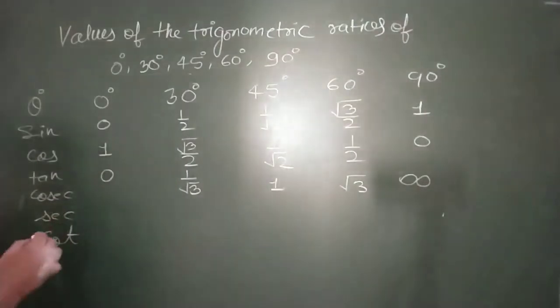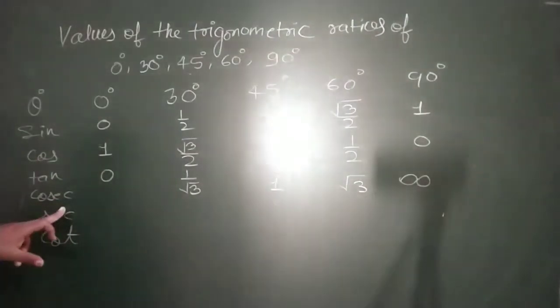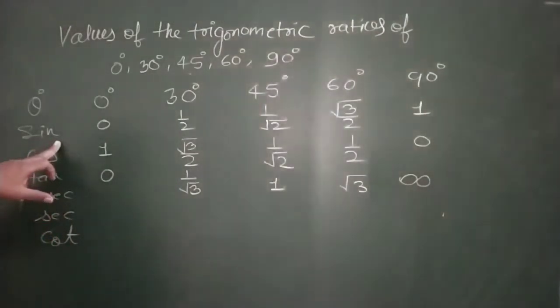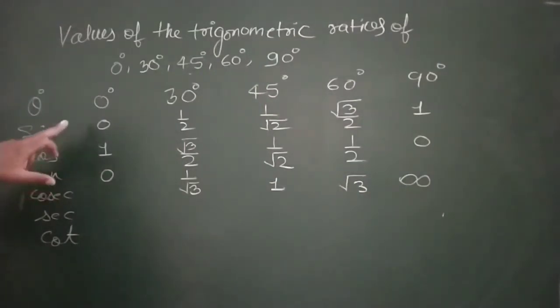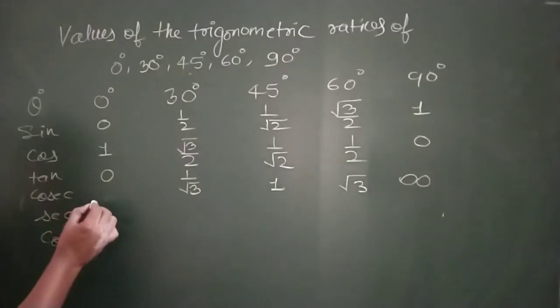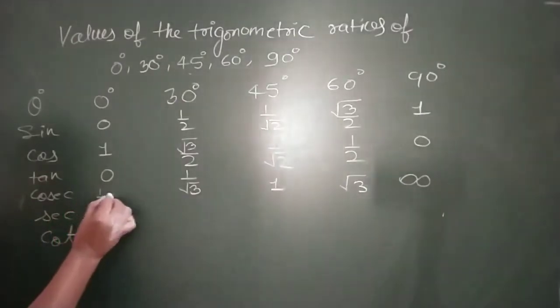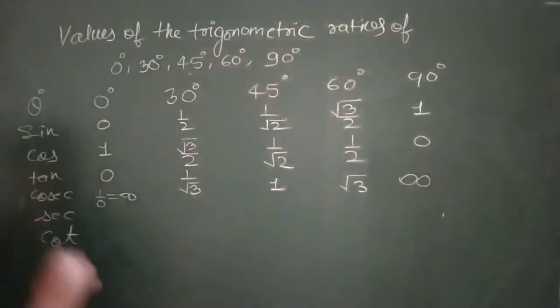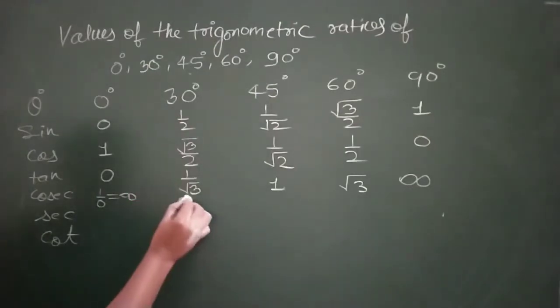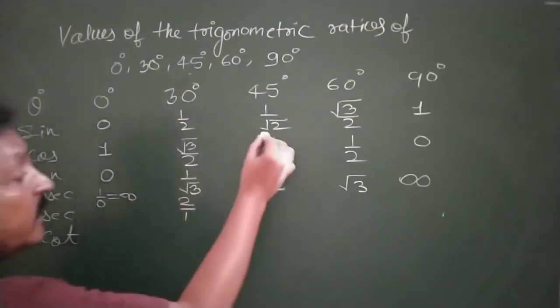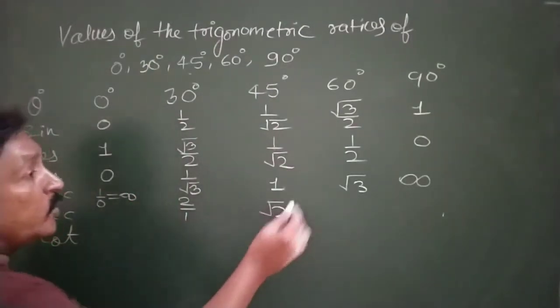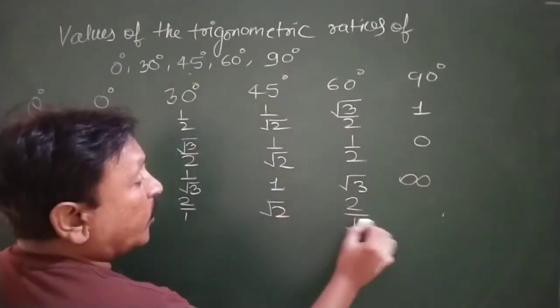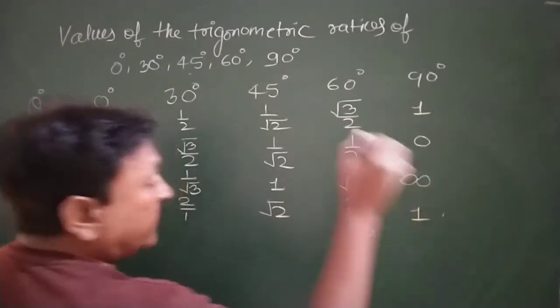Okay, cosec. We all know that cosec is the reciprocal of sine. If it is 0, 0 upon 1, its value will be 1 upon 0, means undefined. 1 upon 2, reciprocal is 2 upon 1, that is 2. Its reciprocal is root 2, here 2 upon root 3 and 1 reciprocal is 1.